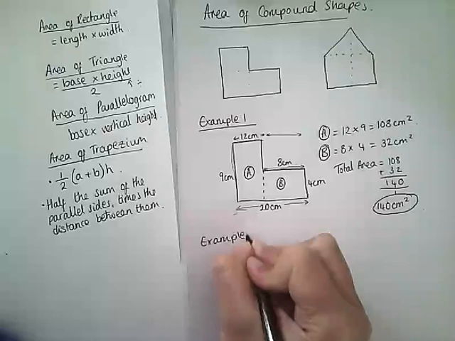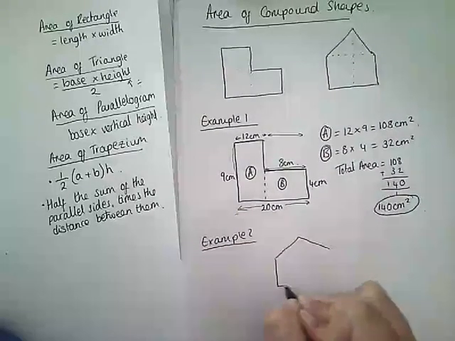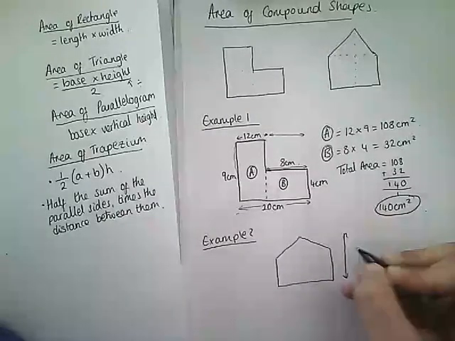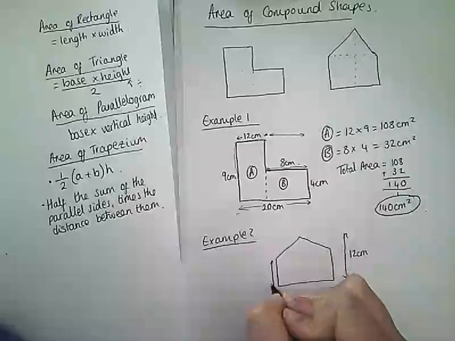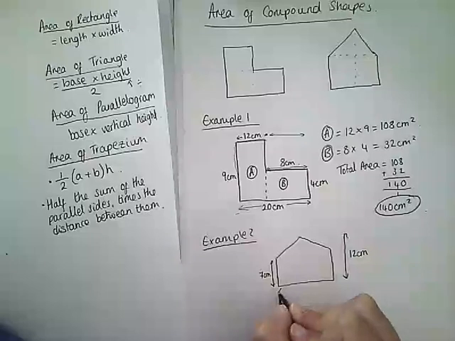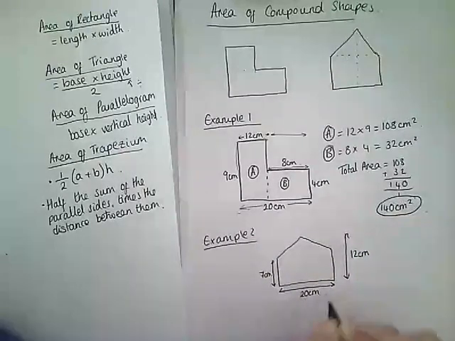Let's look at the second style I gave you and give you this pentagon. I'm going to tell you that this height here is 12 centimetres and this here is 7, and let's say that this over here is 20. Again we're going to split it into known shapes.